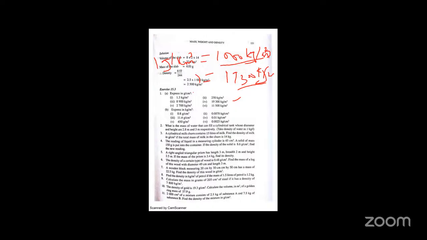So when you cross multiply, we have 1 gram per cubic centimeter times 19,300 kilograms per cubic meter, divided by 1,000 kilograms per cubic meter. So the kilogram per cubic meter cancels.